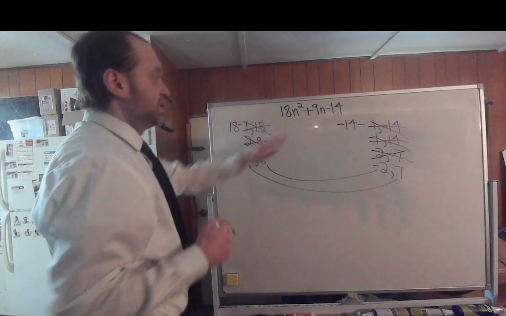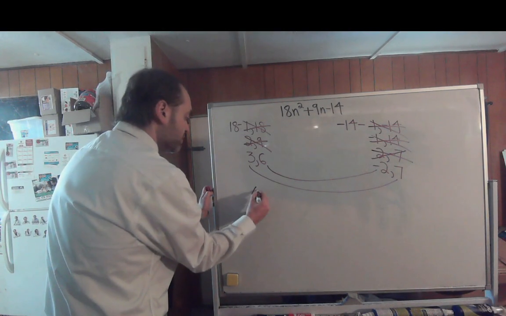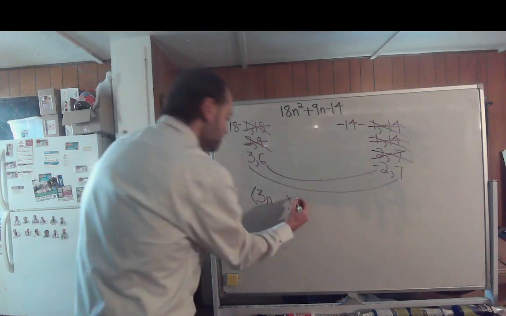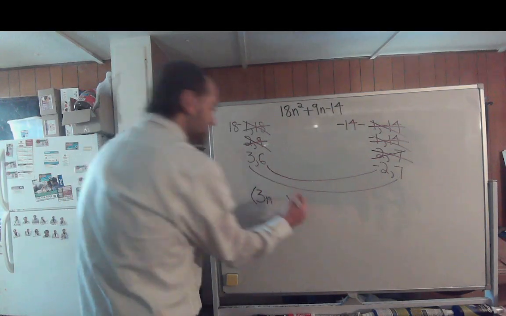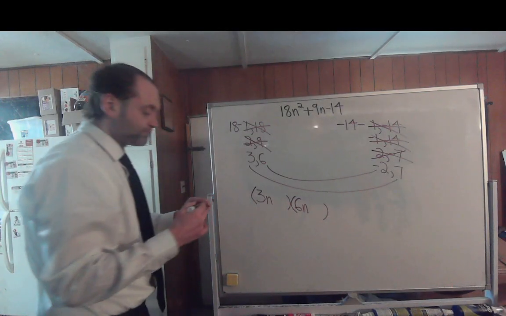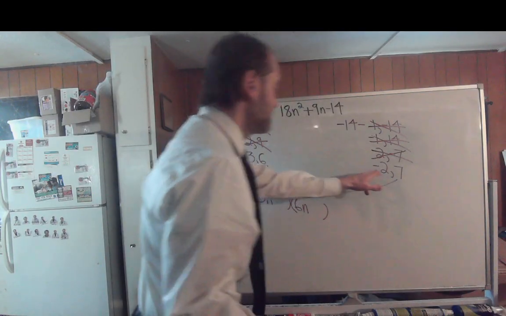Now that we've got evidence that this will factor, one of the factors will have 3n for the first term. The other factor will have 6n for its first term. Now, what did we multiply 6 by? We multiplied 6 by negative 2.